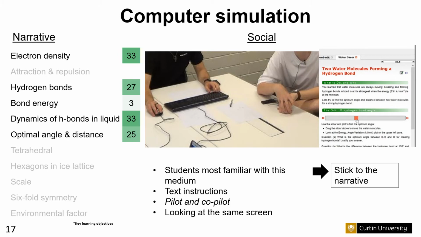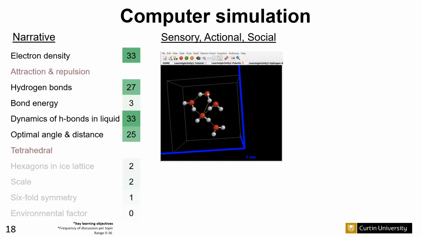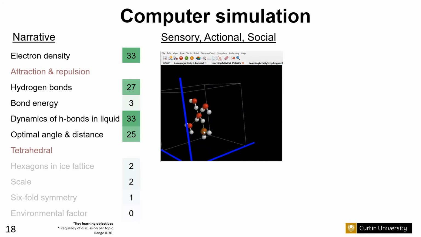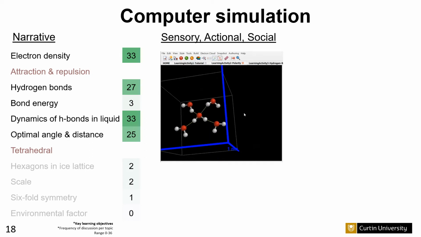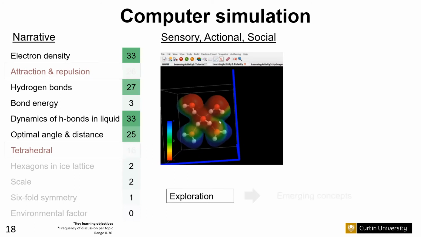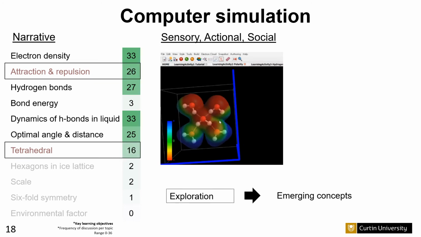However, there are some cases where this is not the case. When students are more comfortable with the controls, they deviate from the text instruction a bit and explore more, which results in emerging concepts similar to the magnetic models.